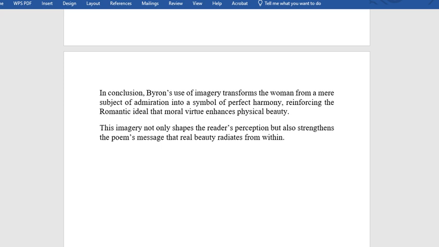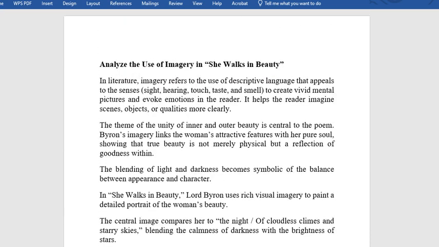We need to consider the moral aspects of a person, the inner thought, the soul. This image not only shapes the reader's perception, but also strengthens the poet's message that real beauty radiates from within. So that is the answer to that question, that is, analyze the use of imagery in She Walks in Beauty.